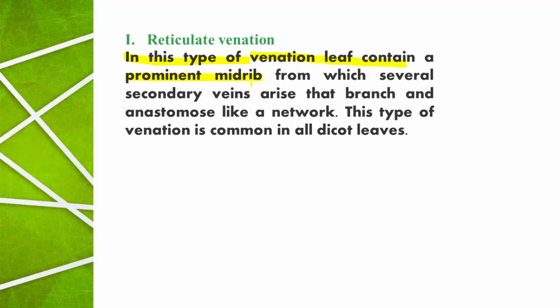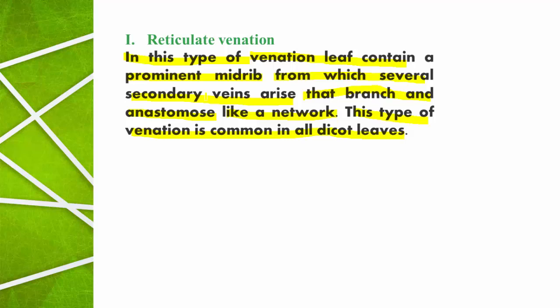From the prominent midrib several secondary veins arise, and these veins branch and anastomose like a network.